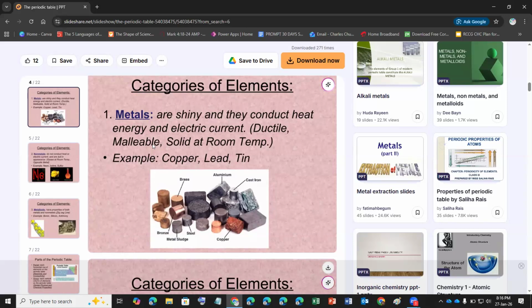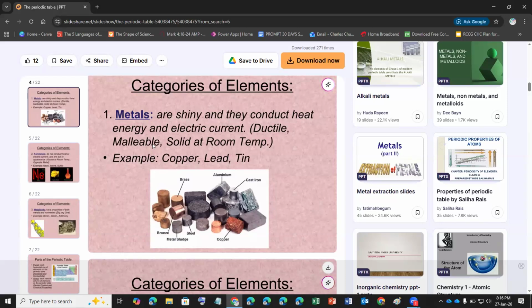But metals are not like that. They are malleable. Sometimes there's confusion between malleable and another term, but maybe let's leave that one for now. Let's look at the one that comes before malleable, ductile.